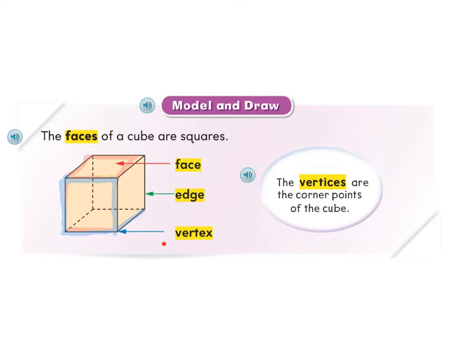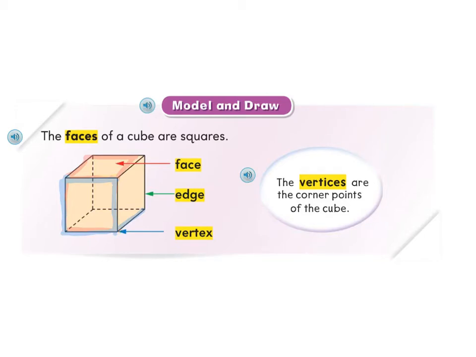A vertex is the corner. So a vertex is the point where 2 sides of a polygon meet, or 3 or more edges of a 3-dimensional shape meet. So since this is a 3-dimensional shape, where 3 edges meet is a vertex.